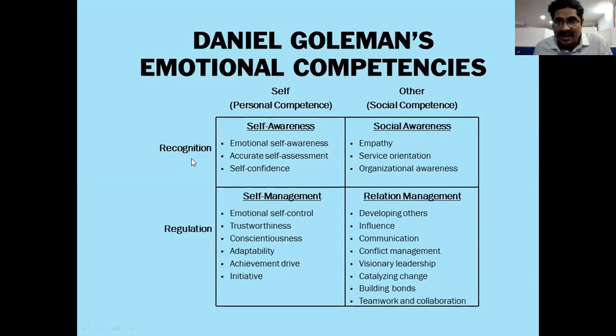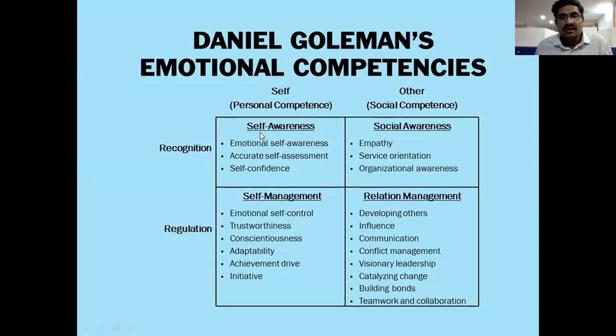Recognition means identification. So here, self skills or self-help skills, already I told you, self-help skills or self-awareness. We should know ourselves to develop our emotional intelligence or emotion control, right?